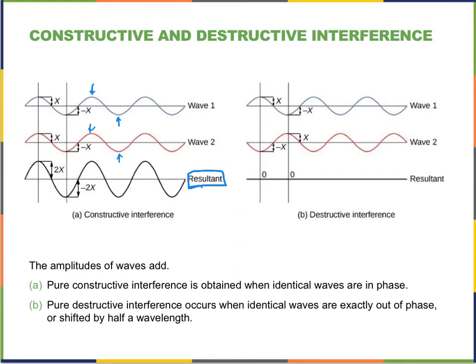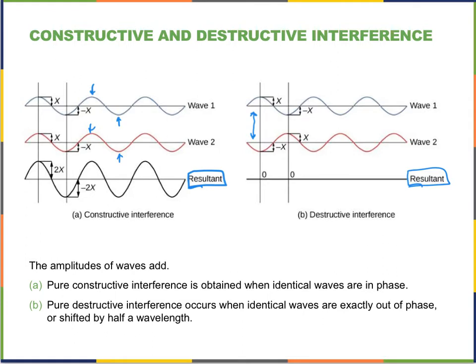At the other extreme, these two waves are doing exactly the opposite thing at the same time. When one wave is at its peak, the other one is in its trough, and vice versa. So when we add those amplitudes together, the two waves cancel each other out. And we call that destructive interference.